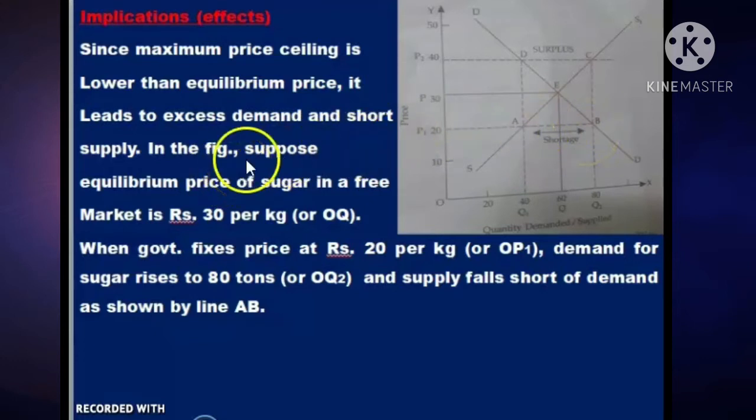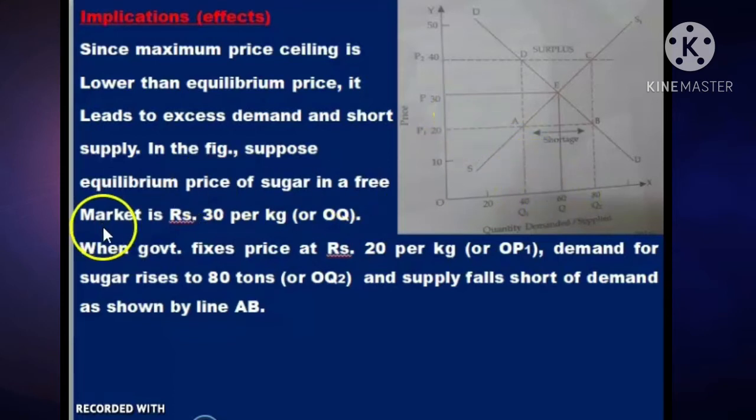Suppose the equilibrium price of sugar, which we know is a needy thing for us, in a free market is rupees 30 per kg, and OQ quantity is supplied at 30 rupees.